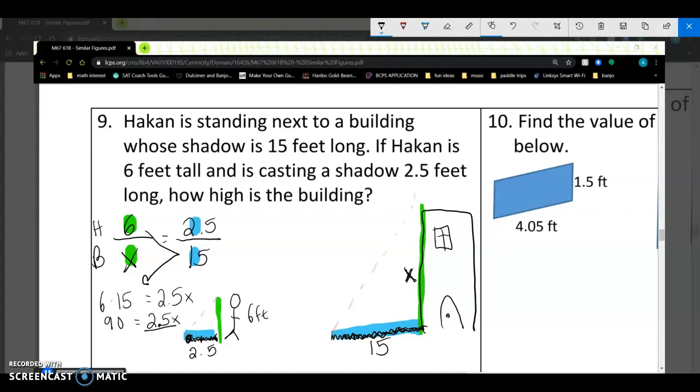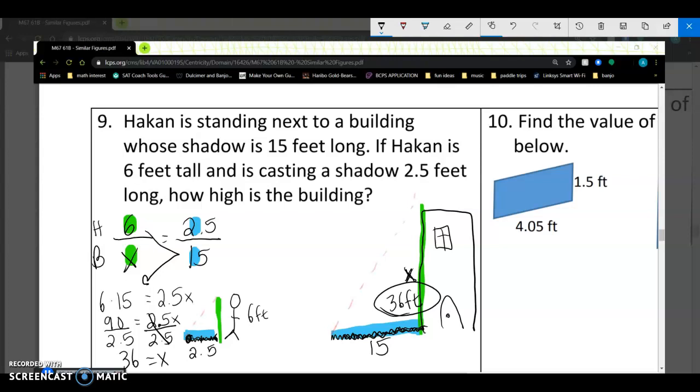To solve for x, we just divide by 2.5. We get x equals 90 divided by 2.5, which gives us 36. So I'm going to label that in my diagram, 36 feet.